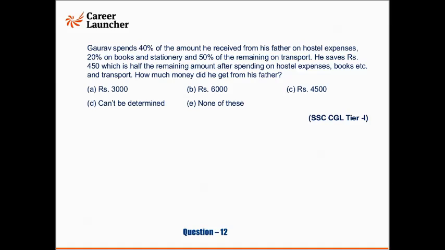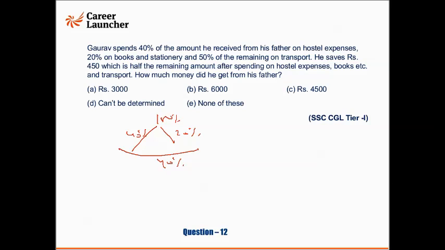See, suppose the initial amount was 100%, correct? Gaurav spends only 40% of the amount he received from his father on hostel expenses and 20% on books. So he spent 40% and 20% on these items, and in total he spent 60% of this amount, correct? 60% he spent, so the rest will be 40%, right?